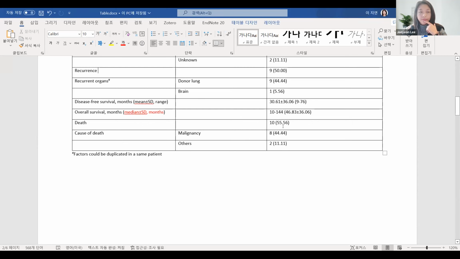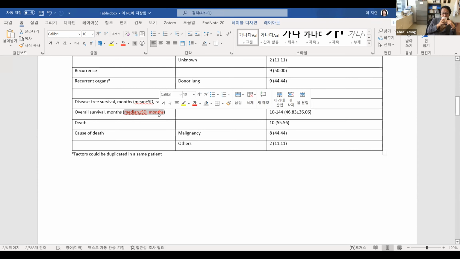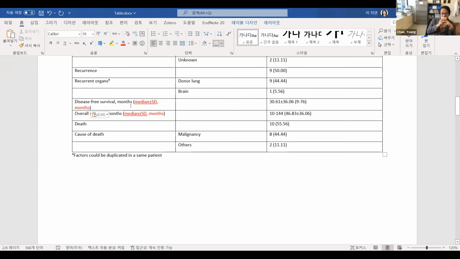Feels a little redundant. So yeah, this is okay. Oh, it doesn't make the range.